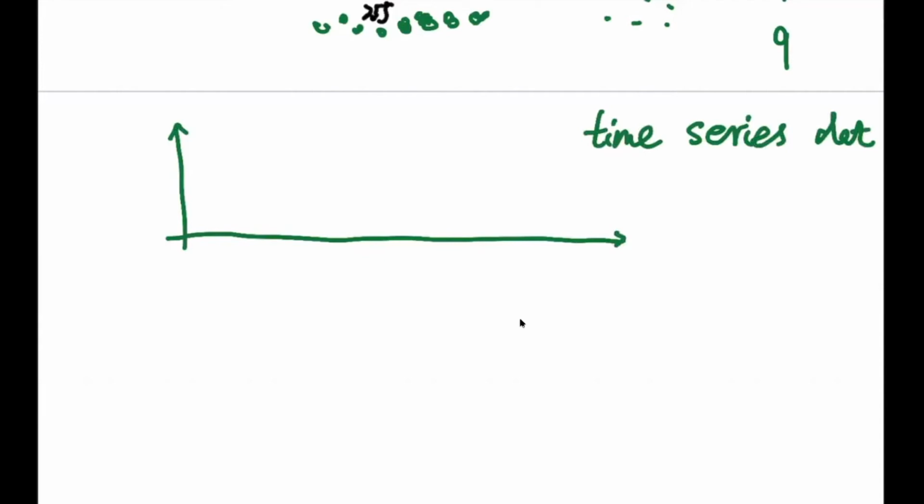The horizontal axis is time. I'm not sure if it will be divided into 0.1 second or 0.2 second. So a series of time points, and for each time point, there will be a corresponding amplitude. It may be higher.